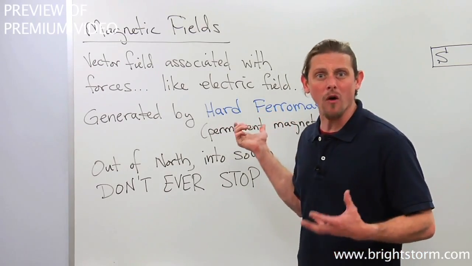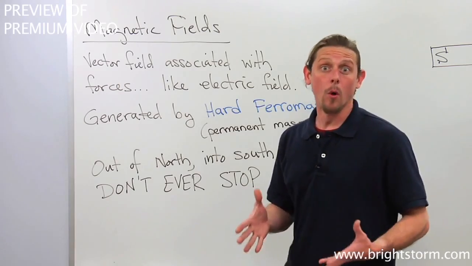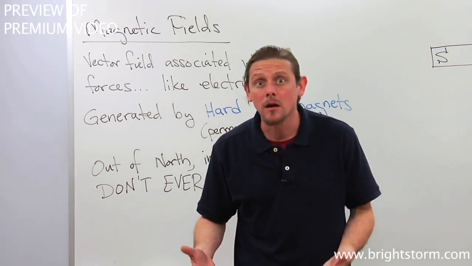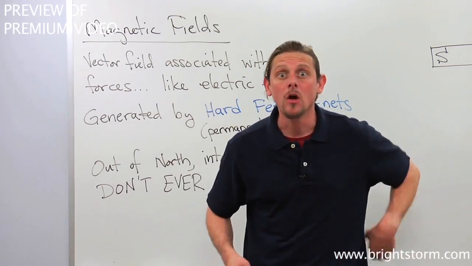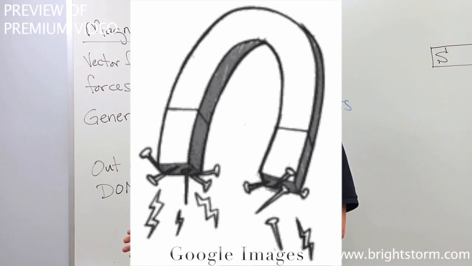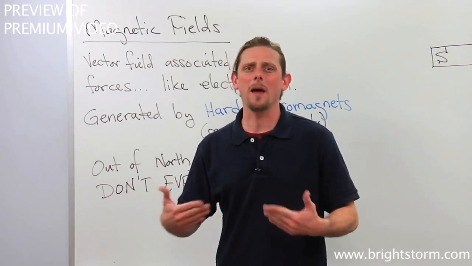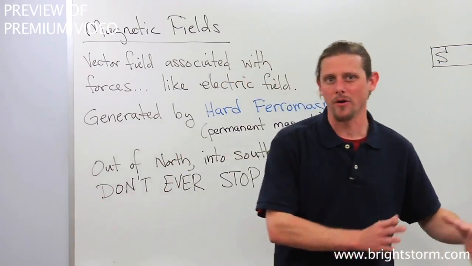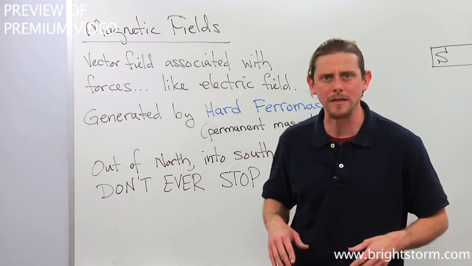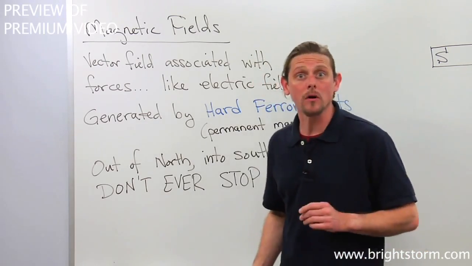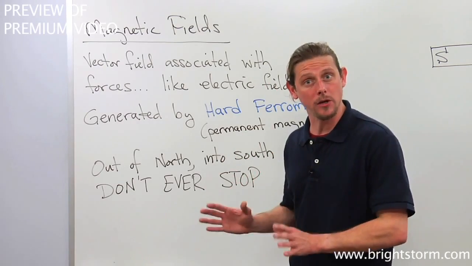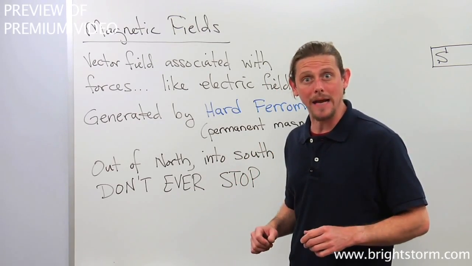The word ferro is similar to the word ferrous, which is associated with iron. So ferromagnets are associated with iron, even though iron itself is not a hard ferromagnet. You can't make a magnet just out of iron, at least not at ordinary temperatures. But there are other hard ferromagnetic materials that do generate magnetic fields.